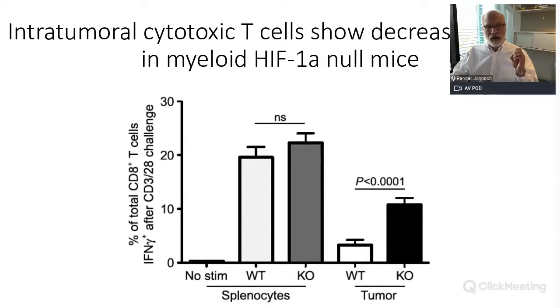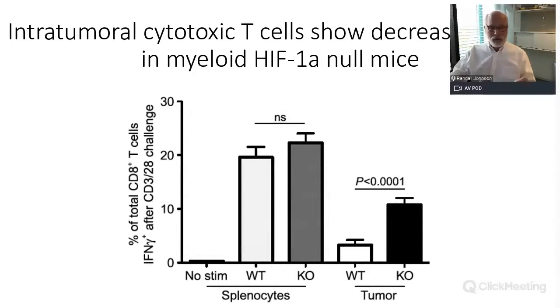Essentially what Andrew Dodens, who was working on this problem at the time, showed in the lab was a very significant increase in responsive T cells that could respond by production of gamma interferon after a CD3, CD28 challenge to their T cell receptors in the myeloid HIF knockouts relative to wild types.